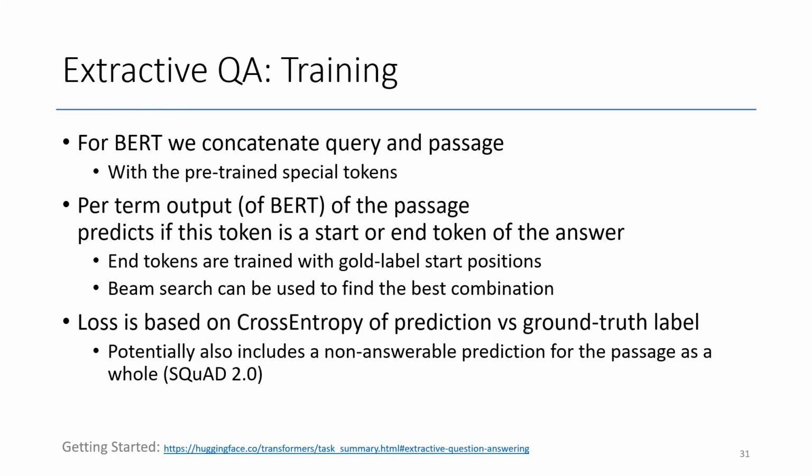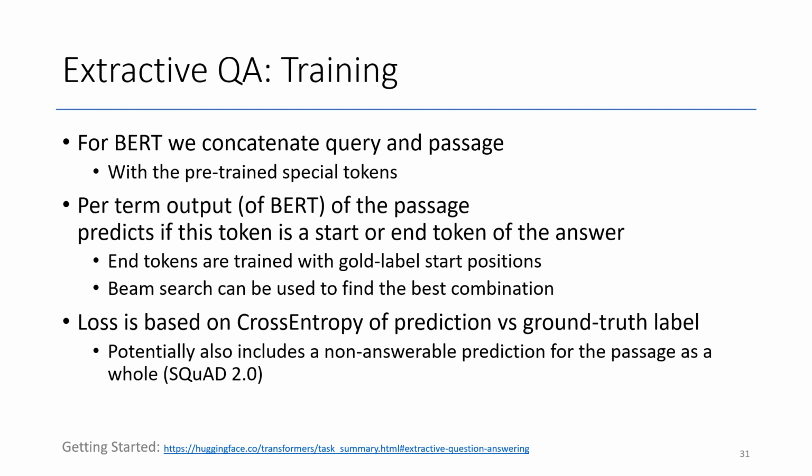To train an extractive QA model, we, for example, start off with a pre-trained BERT model where we concatenate the query and passage with the pre-trained special tokens. Then we take the per-term output, which is a vector out of BERT for the passage side of the concatenation, and we predict if this token is the start or the end token of the answer.